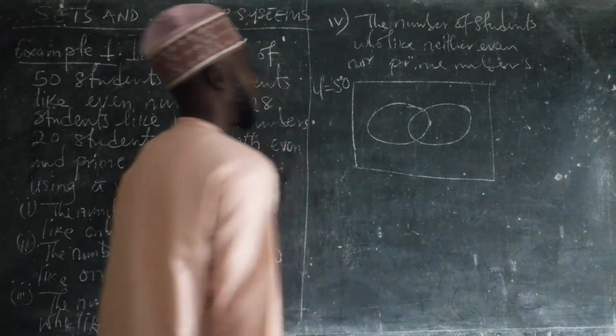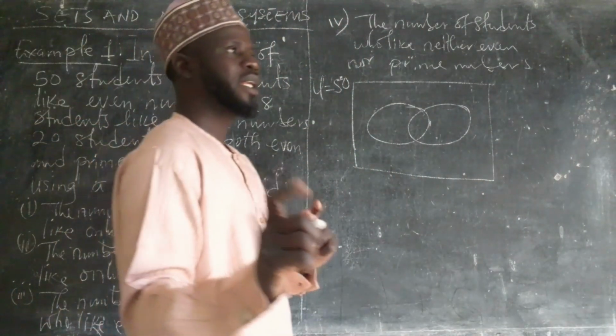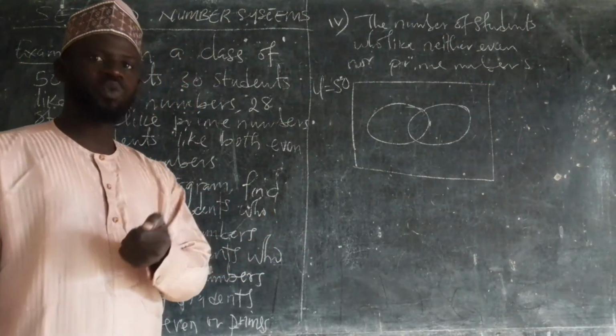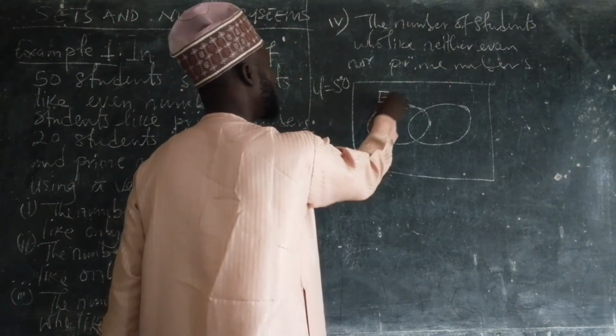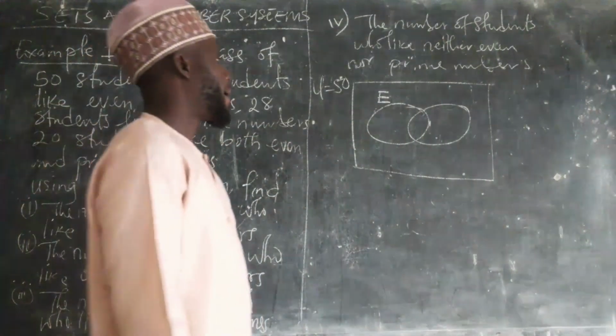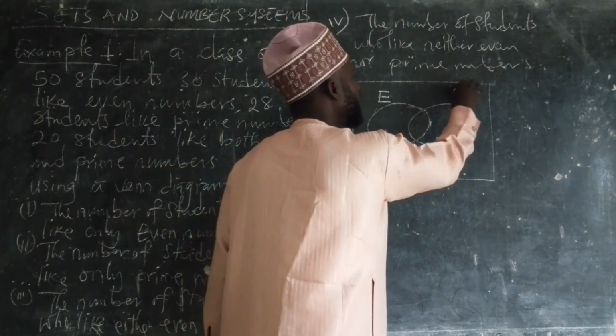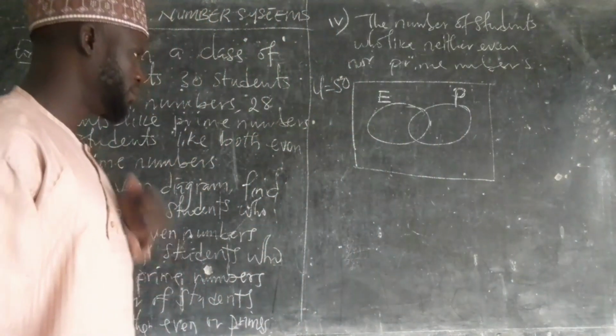Let E represent the set of students who like even numbers, and let P represent the set of students who like prime numbers.